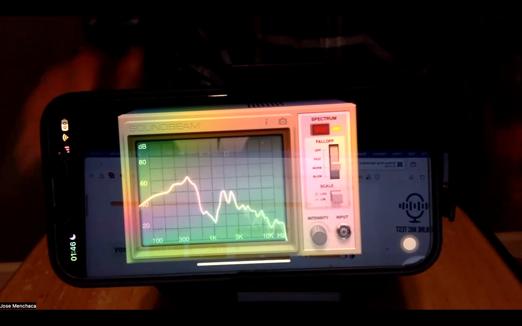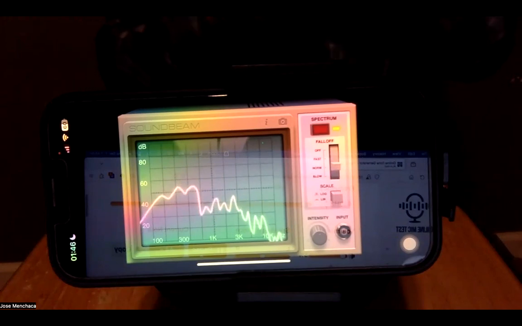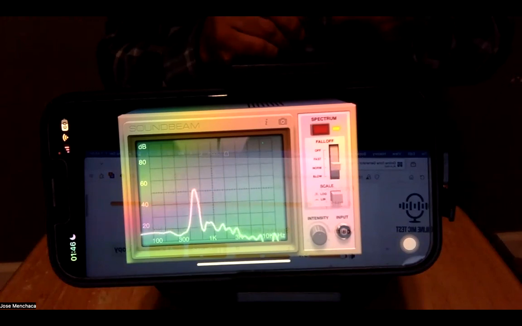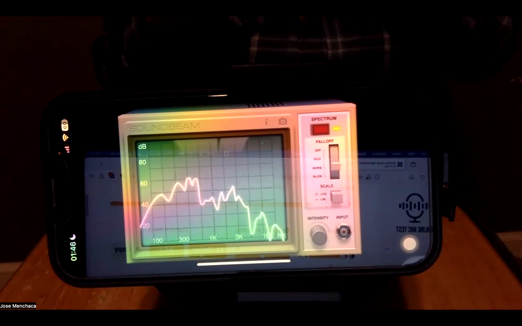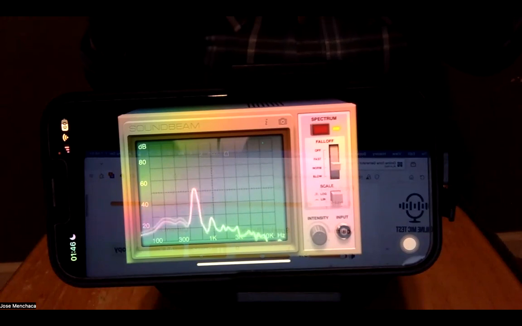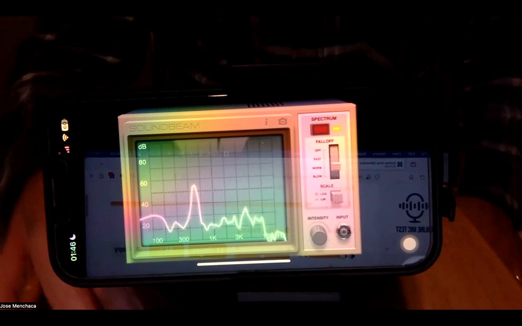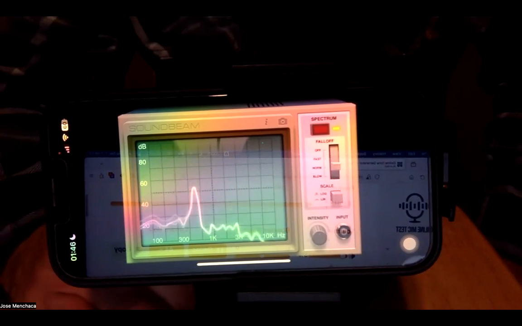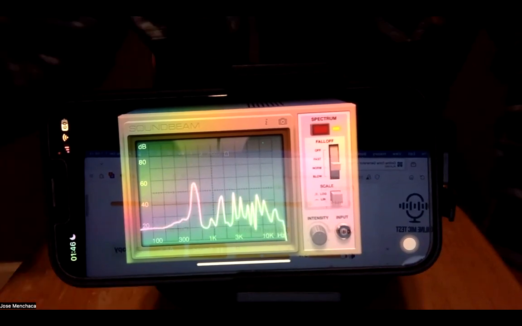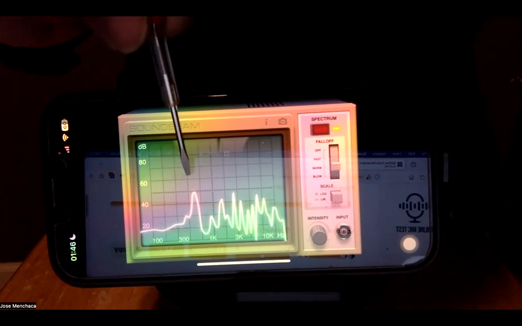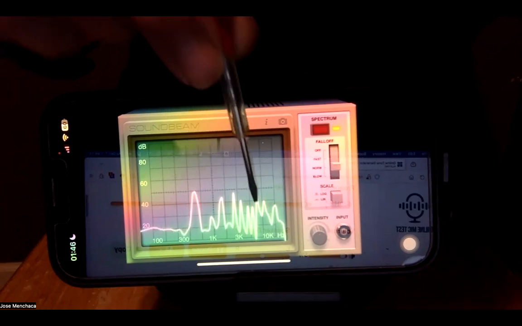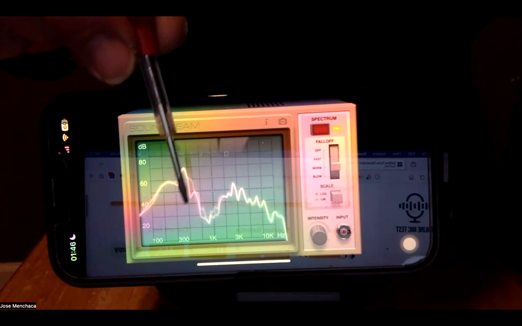Now I'm going to make it a square wave. And I believe I told you the last session that the square wave is made up of odd harmonics. So let's see. You can see them.